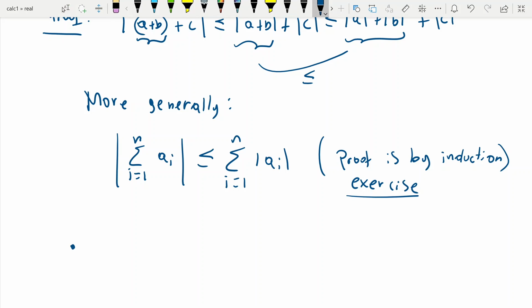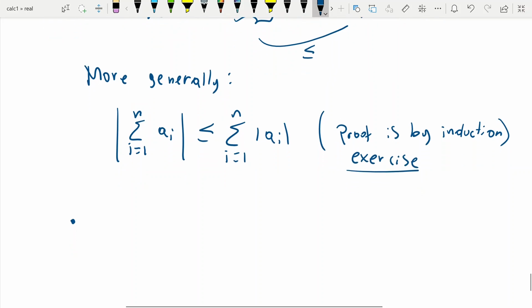Another thing is the fact that if two numbers are close, then their absolute values are close as well.